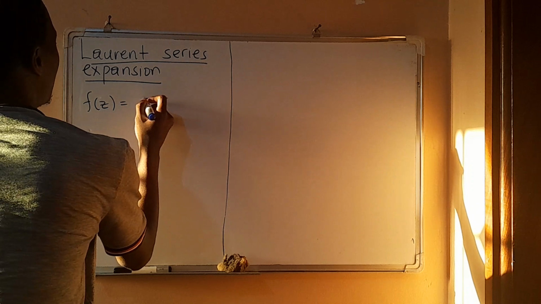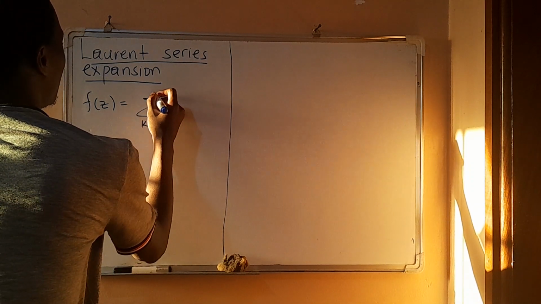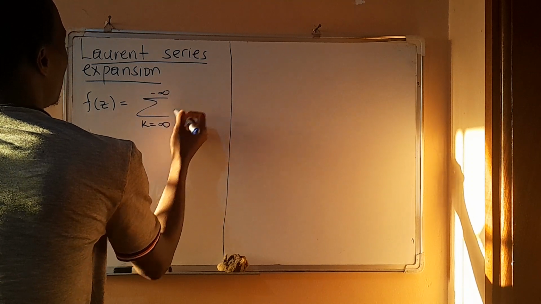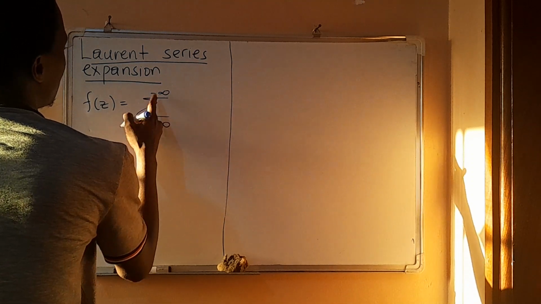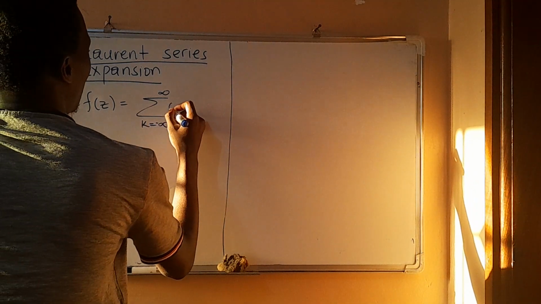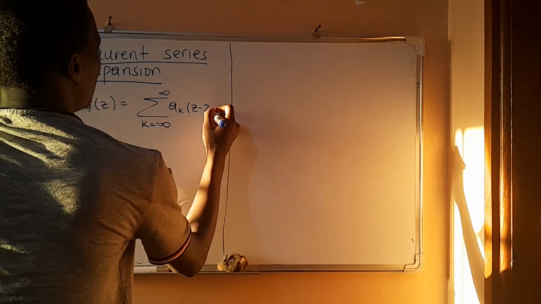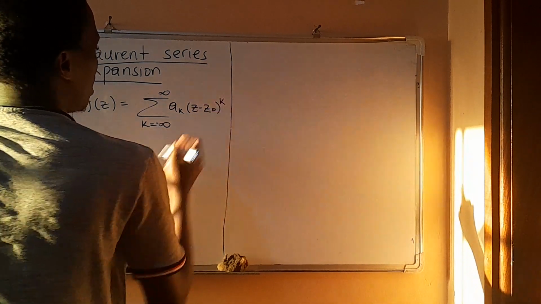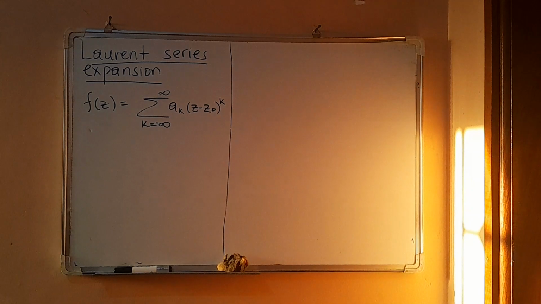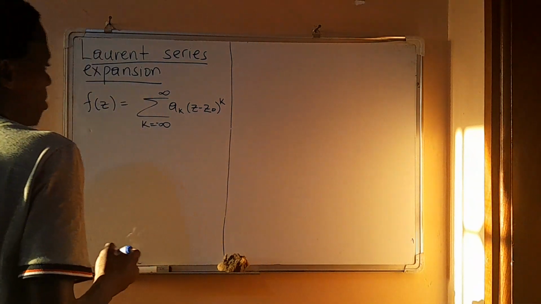equals summation from k equals negative infinity up to positive infinity, a_k (z minus z naught) power k. A series representation of that form, we call it a Laurent series expansion.